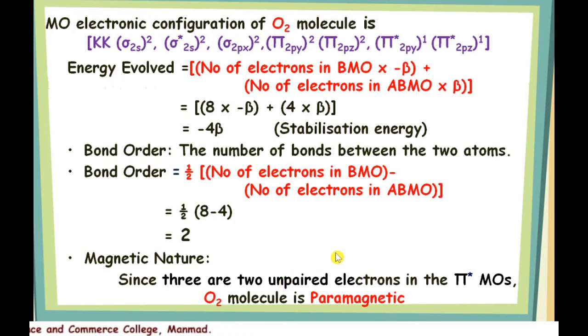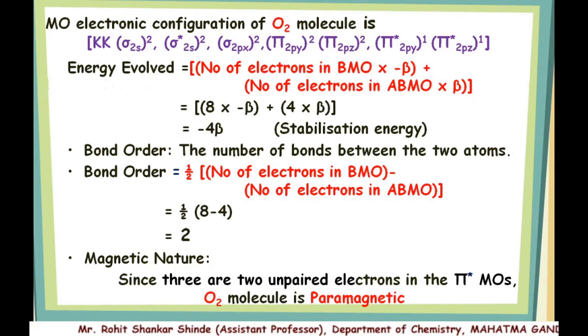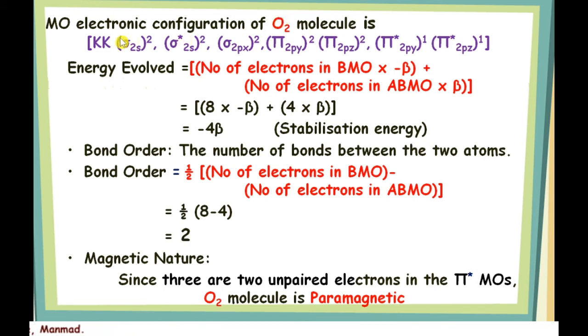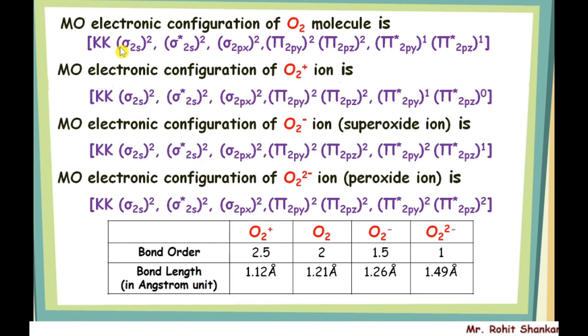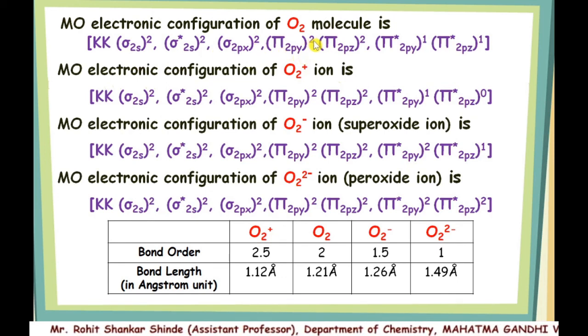Now let us see the effect of number of electrons in the anti-bonding molecular orbitals on bond length in diatomic species of oxygen. In case of the oxygen molecule, its electronic configuration can be written in this way: KK sigma 2s2 sigma star 2s2 sigma 2px2 pi 2py2 pi 2pz2 pi star 2py1 and pi star 2pz1.